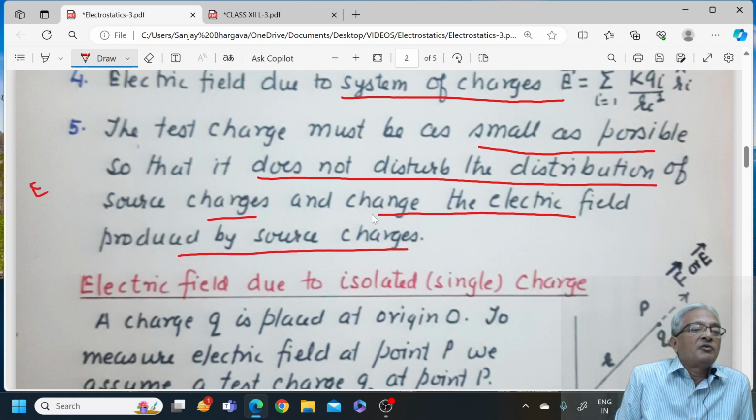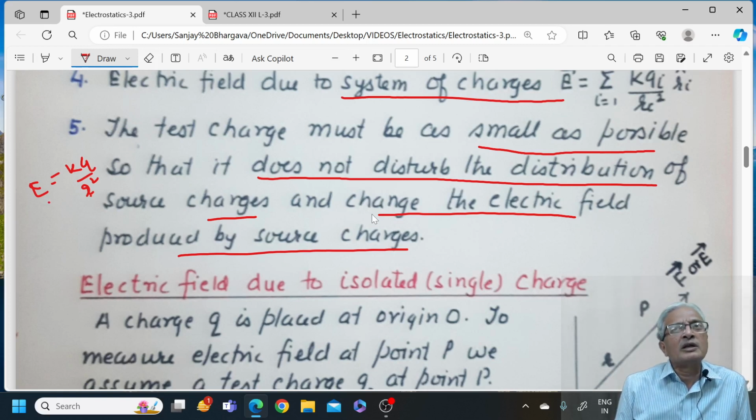Because electric field was equal to k q upon r squared. If r changes, then definitely electric field would change. So what we require is the test charge must be so small that it does not exert an appreciable force on the source charge to change its position. If position changes, then the electric field will change.